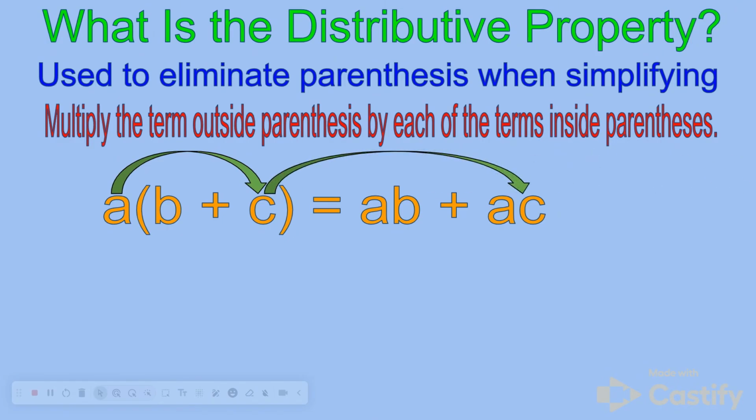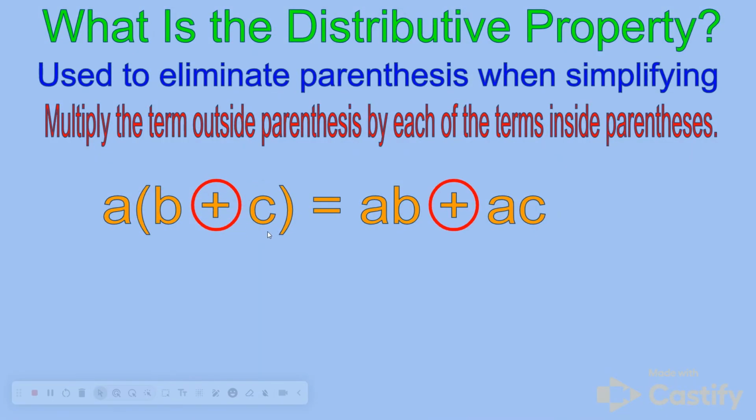And then I look at the sign on the inside, and since positive a times positive c, that's what this plus sign is here, it's a positive c. A positive times a positive is a positive. That's why it's ab plus ac. So a times (b plus c) is just ab plus ac. That's a basic distributive property.